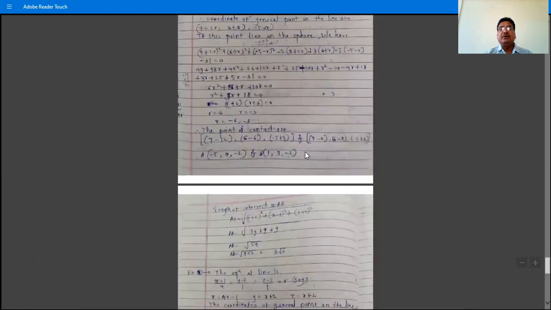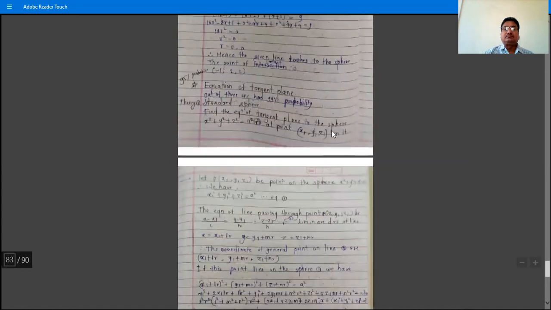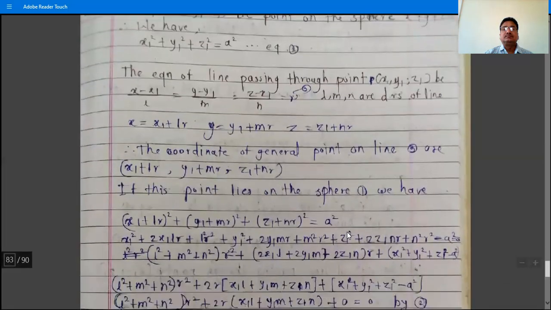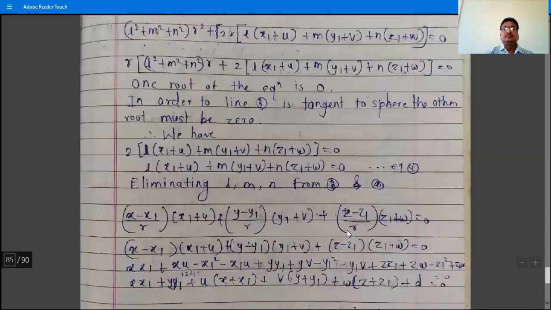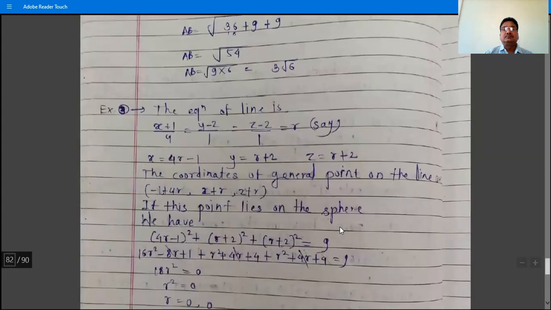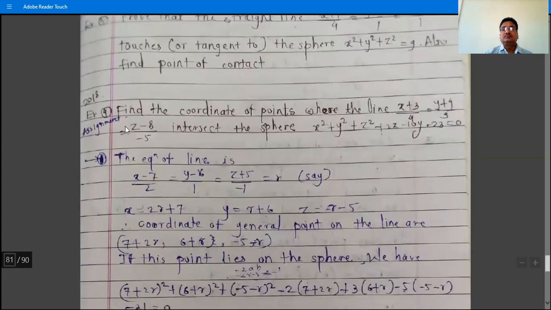So we'll solve that type of problem. Find the length of the intercept made by the line with the sphere. Find the coordinates of points where this line intersects the sphere.